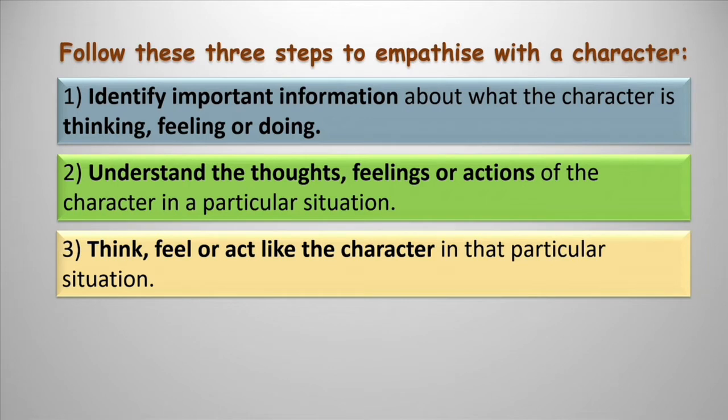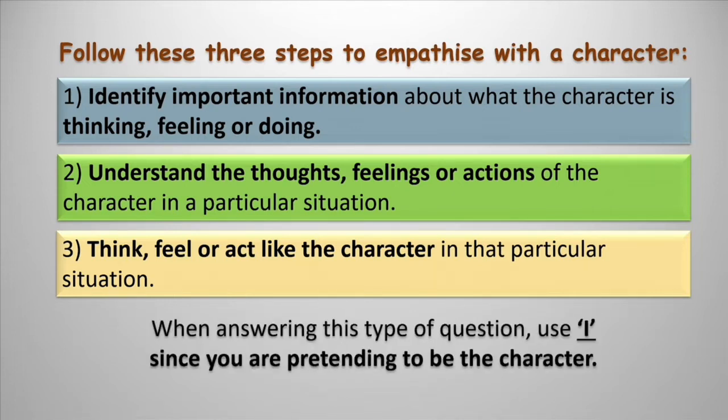Third, imagine being the character and think, feel, or act like the character in that particular situation. Remember, most of the time when answering this type of question, use I, since you're pretending to be the character.